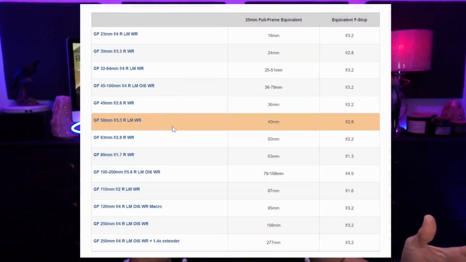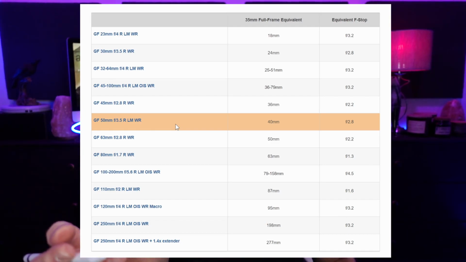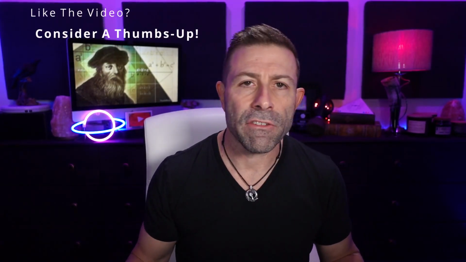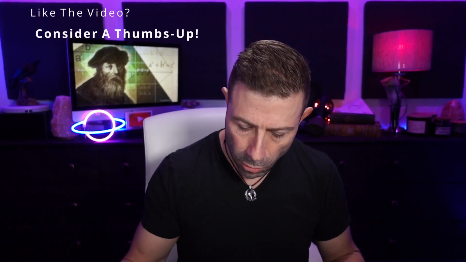And now we can use that to simply multiply into any of the numbers. Let's go back to our screen where we had the 50 millimeter 3.5. We say, well, 50 millimeter 3.5, how did they come up with this equivalent of 40 millimeters and the 2.8 f-stop in comparison to 3.5? Well, simply with that crop factor that we just came out with, 0.79.